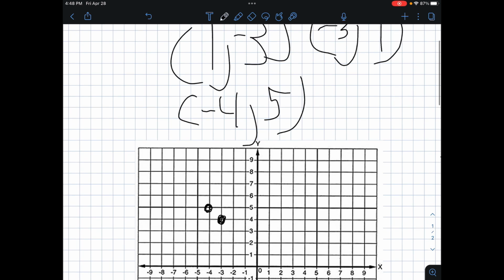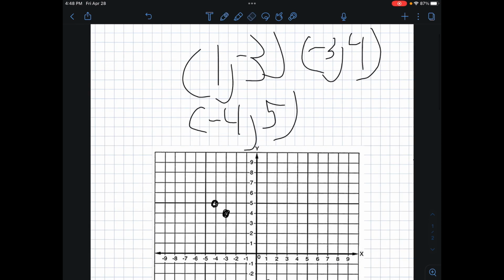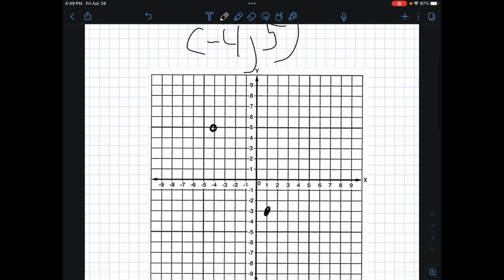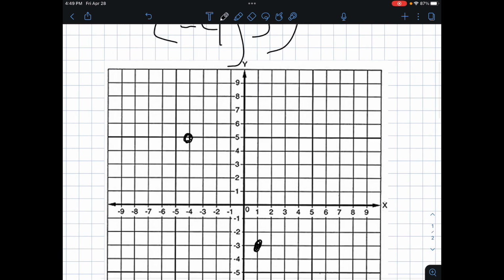I'm going to change -4 and make it 3, 5. There we go, just to make it a bit easier on the eyes.